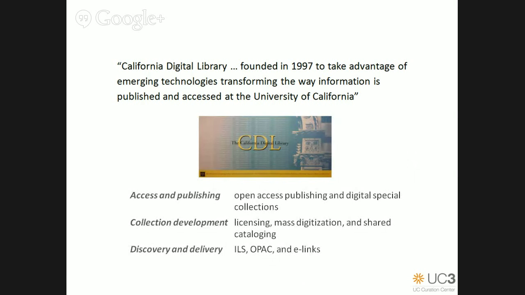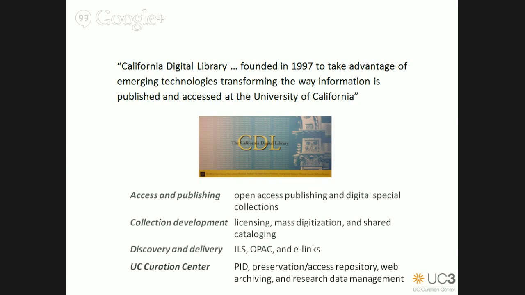Organizationally, the CDL is broken out into 4 programmatic areas that support initiatives for open access publishing, digital special collections, collection licensing, mass digitization, shared cataloging, and other key bibliographic services. And in my unit, the UC Curation Center, we deal with providing effective stewardship for the information resources that are intrinsically bound up in the university's mission.